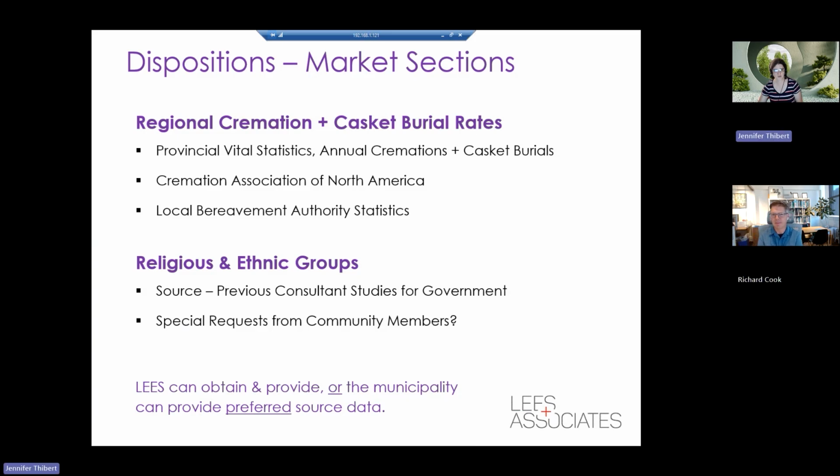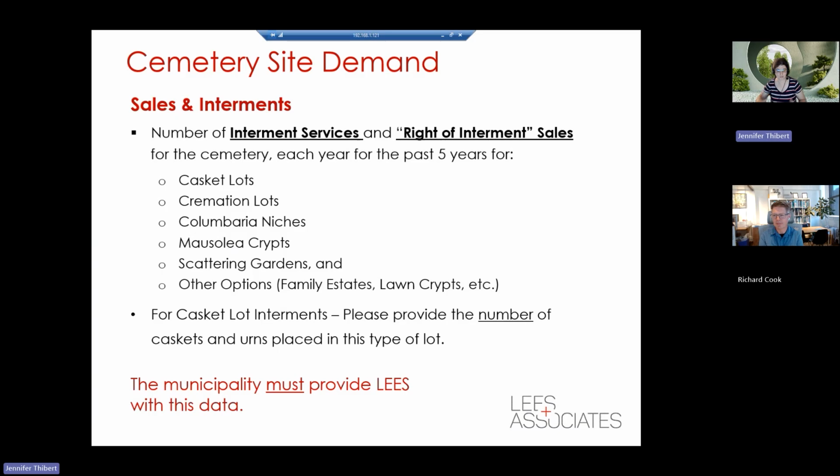That is exactly correct. Now, the second half is basically what is happening at your cemetery. So after the residents have passed away, they've chosen to be cremated or not cremated, as it would be. From there, now they have to choose a cemetery to go to.